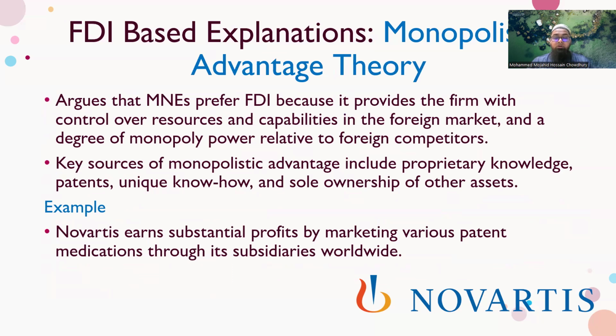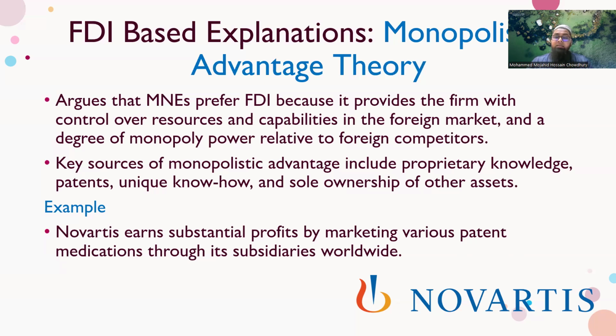Because of their patents, their knowledge, their unique way of doing things, their sole ownership, they get the monopolistic advantage and do foreign direct investment. Let's say Novartis, a Switzerland-based company.